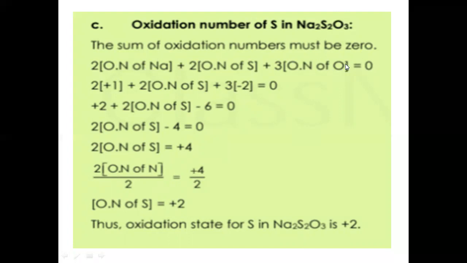Net charge must be 0 or net oxidation number must be 0. For sodium present in group number 1 plus 1, oxygen minus 2, 3 2s are 6, minus 6 plus 2 is minus 4, and shifting it at the other side plus 4. But this plus 4 is for 2 sulfurs, dividing it by 2 will give us the oxidation number of one sulfur atom, which is plus 2.